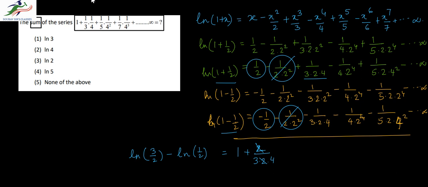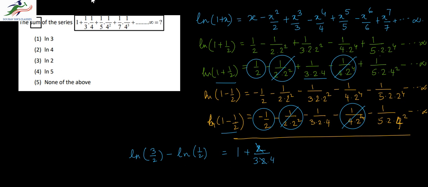Next, 1 by 4 into 2 to the power 4 with a negative sign, and here also with a negative sign, so subtracting will cancel them out. So every even power of 2 is getting cancelled out and the odd powers will remain.